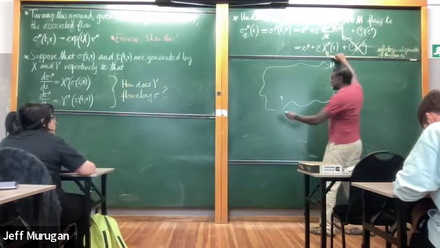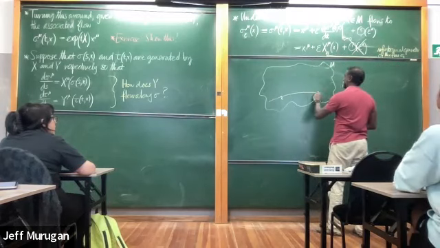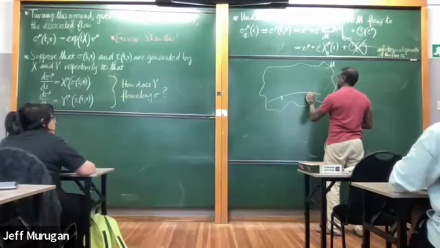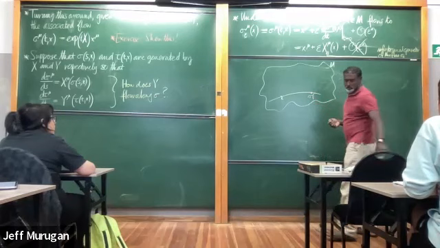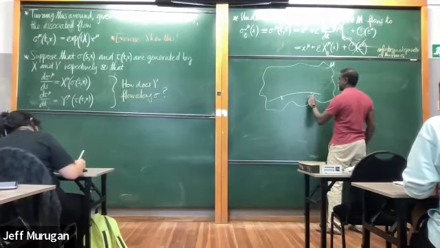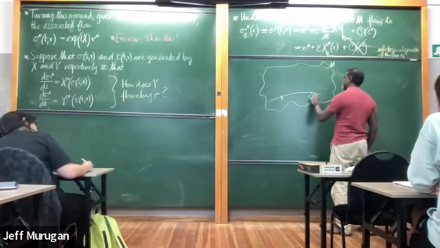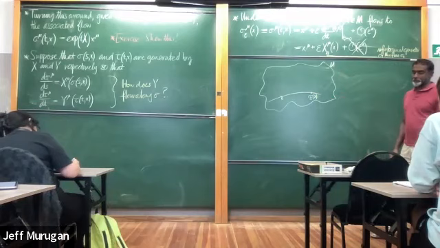And sigma flows x to some point. Let's assume that we're talking about an infinitesimal transformation here. So sigma epsilon of x.